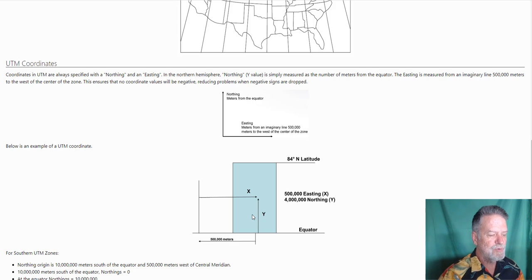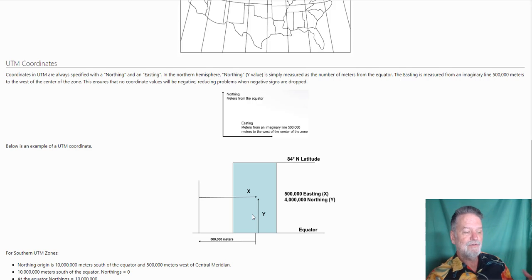Now the reason they did this was it was originally created by the US military, and they don't like negative numbers. It's really common for people to drop negative numbers and all of a sudden you'd be pointing your artillery pieces in the wrong direction. So the military doesn't like negatives, they got rid of it by moving zero out of the zone. So you will always see, or almost always see, eastings as positive numbers, and the middle of the zone will be somewhere around 500,000.